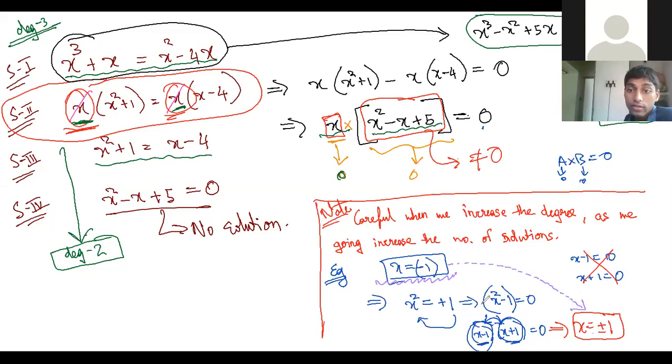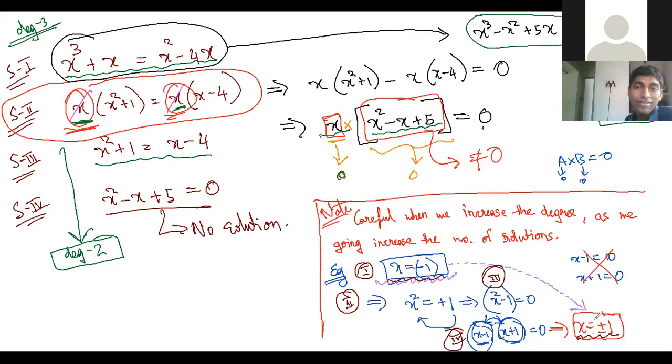Where is the mistake? Step 1, step 2, step 3, step 4. How is it possible that x equal to minus 1 and in the same question you're... Sir, x equals minus 1. So, sir, we cannot square both sides, no?